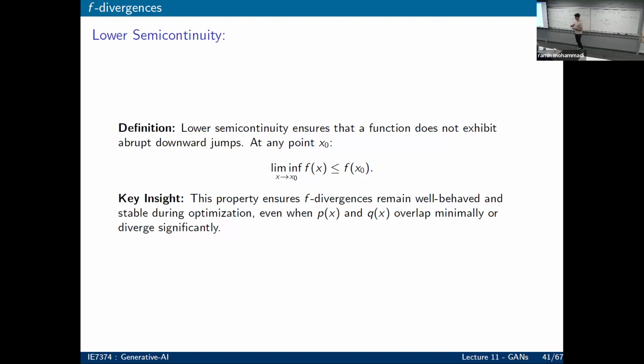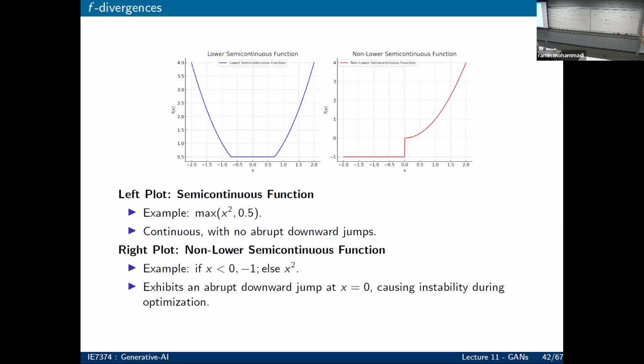So we say that the limit inferior of this function as we approach a point should always be less than or equal to this value. That definition makes a function semi-continuous. That means it always behaves the way we expect: when you approach it, it's always lower than that. It doesn't have an abrupt change, and this is an example.